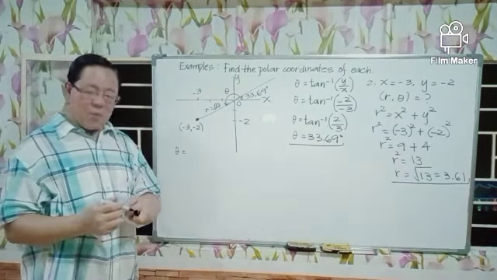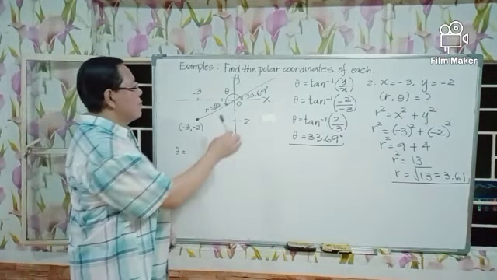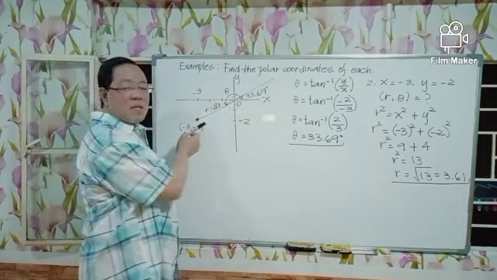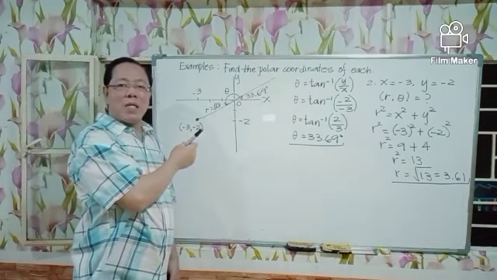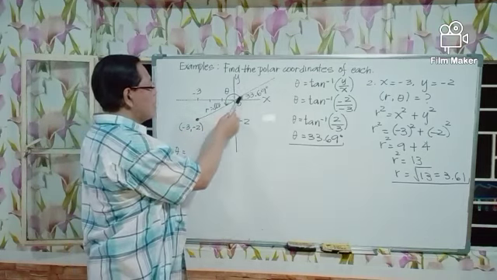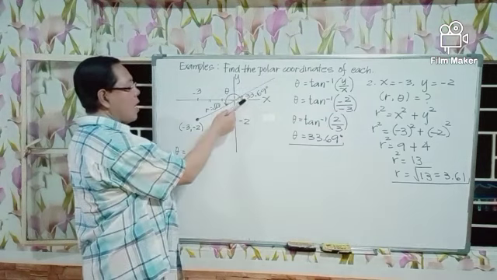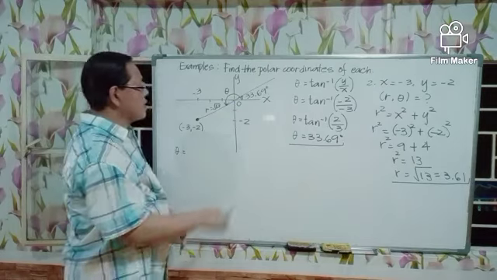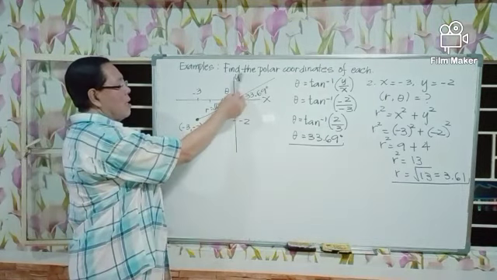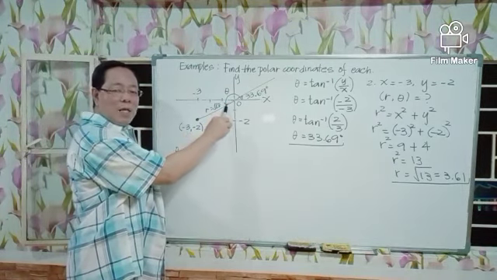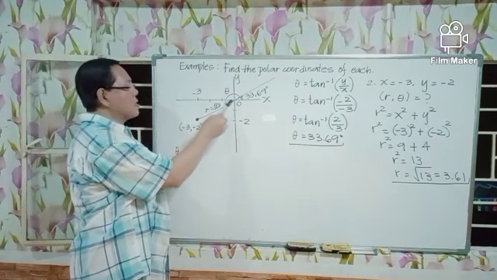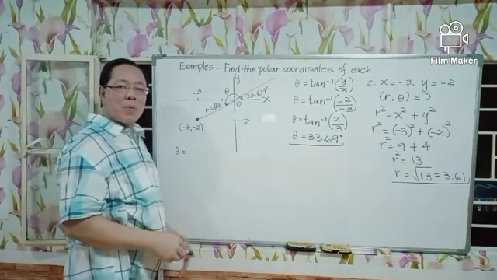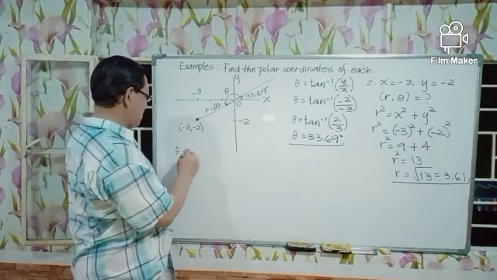And from the diagram, you can see that, again, this line makes a straight angle of 180 degrees. And to this straight angle, we add 33.69 degrees. And the sum is the angle from the positive x up to this line, or this ray, opposite the terminal side of 33.69 degrees.